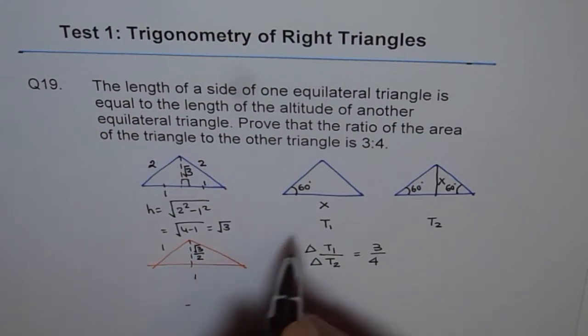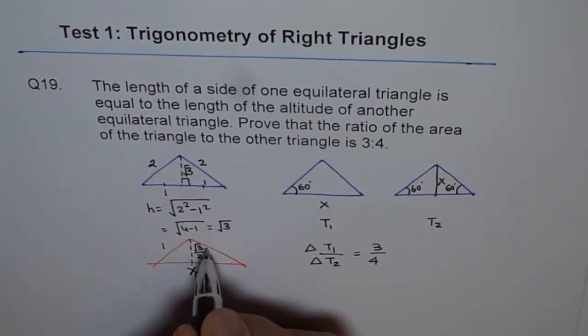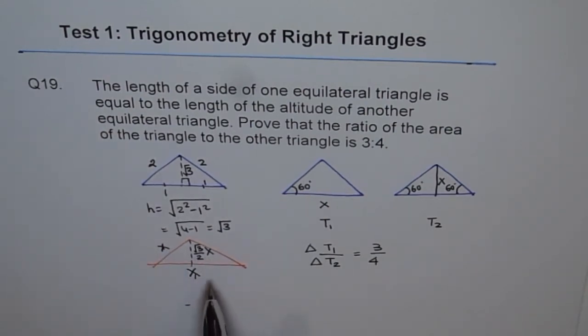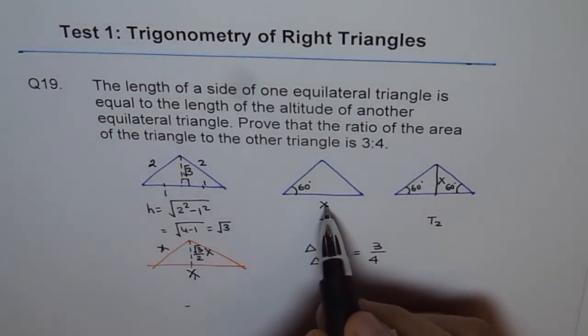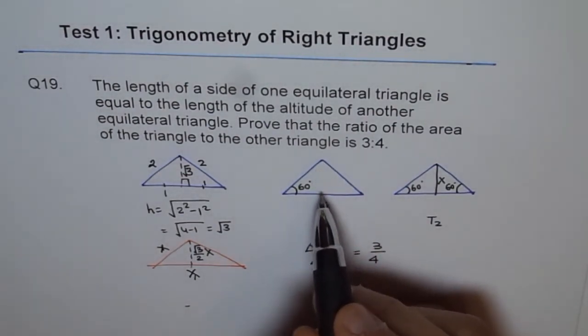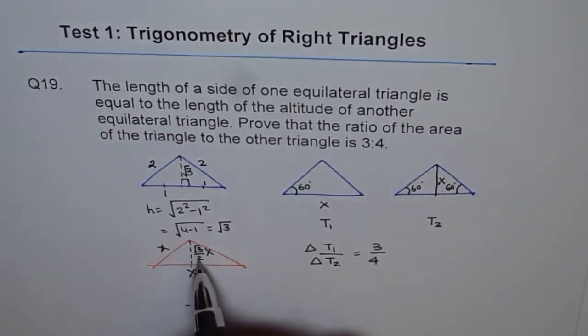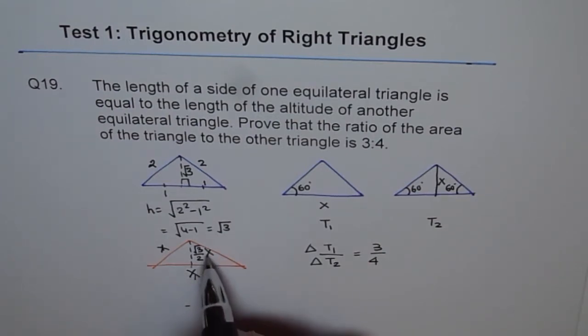How about if the side lengths are x? If it is x, then this will be multiplied by x, right? All sides will be like this. Do you see that? So for a triangle with base x, our altitude or the height of the triangle will be square root 3 over 2 times x. That is how base and height are related.